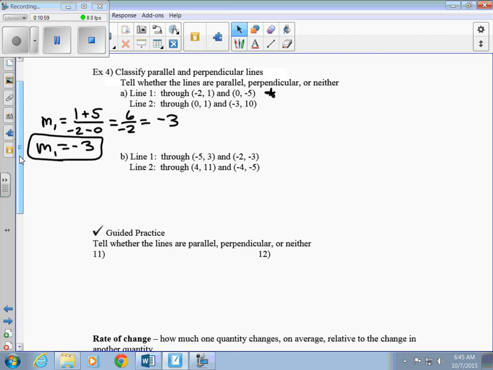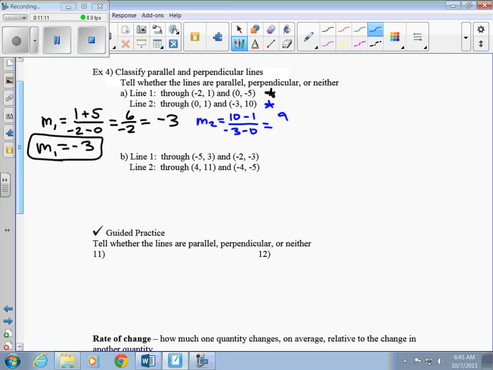So let's do the same thing for line 2. So we're going to go 10 minus 1, -3 minus 0. So we're going to have 9 over -3, which is -3. So line 2 has a slope of -3. Line 1 has a slope of -3, line 2 has a slope of -3.